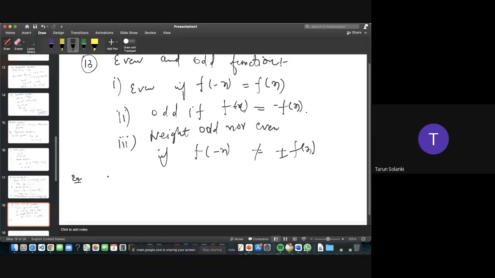Examples like f(x) is equals to e^x plus e^-x, and f(x) is equals to x square, and f(x) is equals to x sin x, right? So f(x) is equals to cos x and f(x) is equals to x square cos x, all are even functions, right?